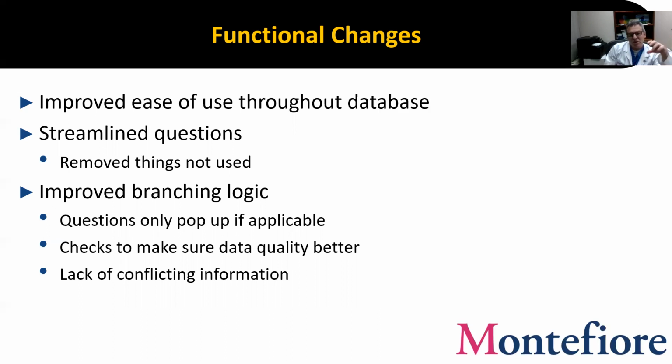And there's checks to make sure that the data quality is better so that you can't contradict yourself within the database. And this lack of conflicting information and the streamlining means I think our data is going to be much more accurate, and hopefully it's going to really reflect what's going on, and the conclusions we draw from it hopefully will be more meaningful as well.